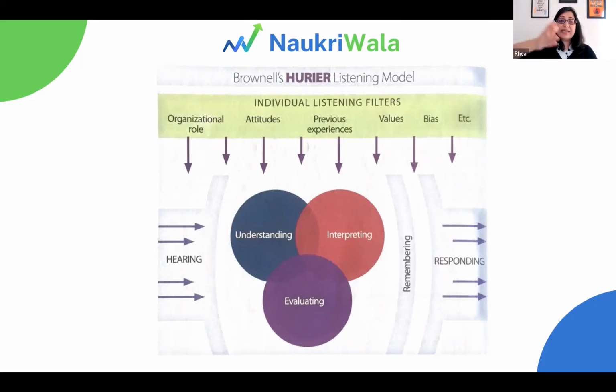Maybe the response could be, let me get back to you by Tuesday, and you get back to them by Tuesday. So today the response was, I will get back to you by Tuesday, but the real response is on Tuesday, right? This is the Brownell-Harriers listening model, which says you can transition from hearing to responding if you keep these things in mind. So a great listener won't just listen to the words.